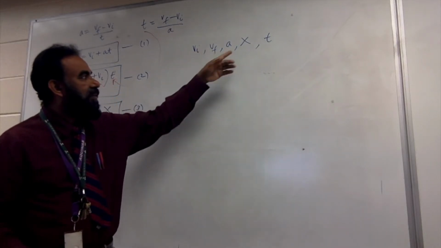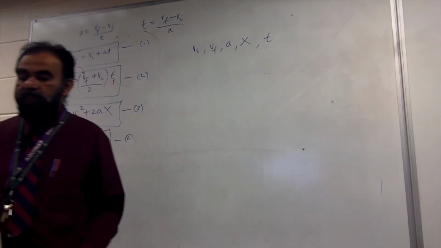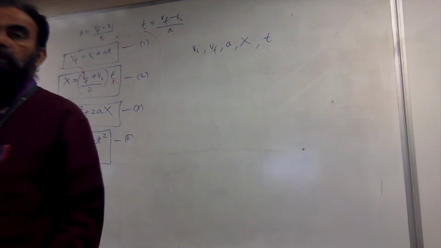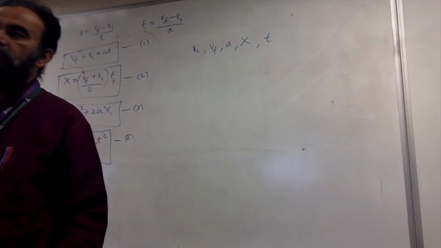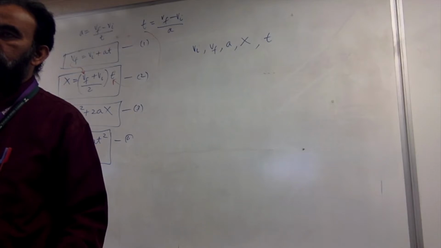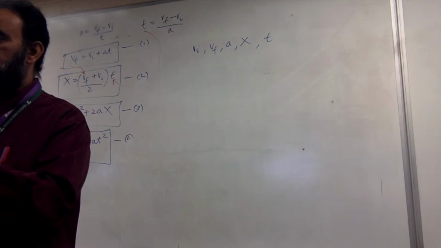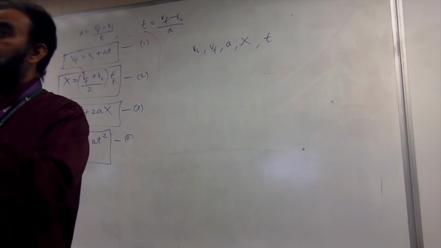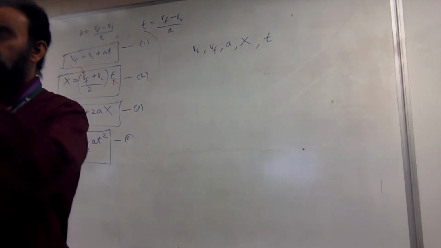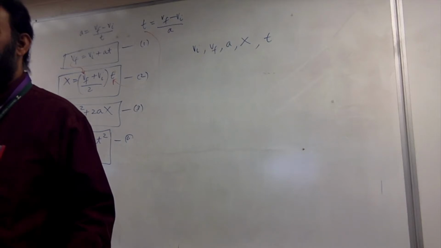Displacement, initial and final velocities. Out of these, which of them are vectors and which of them are scalars? And why we are concerned about it is because scalars don't have negative signs, but vectors do have positives and negatives. Time is scalar and everything else is vector.